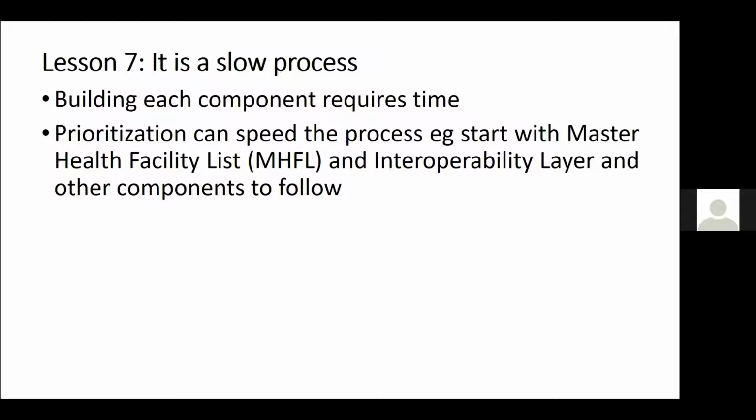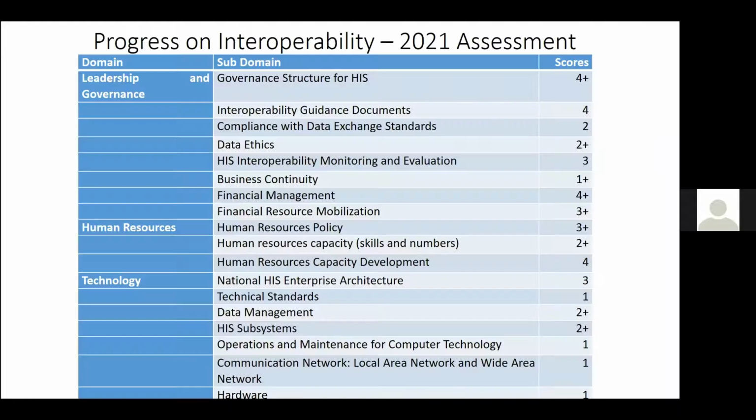So you can also prioritize. You don't have to have all the key components or standards available for you to start using the architecture that you have. You can start with some key components, and then you can also be building on that, since it is a slow process that takes time. So I think to us it is just to show you that after all the work that we have done to implement our interoperability architecture, it is functional.